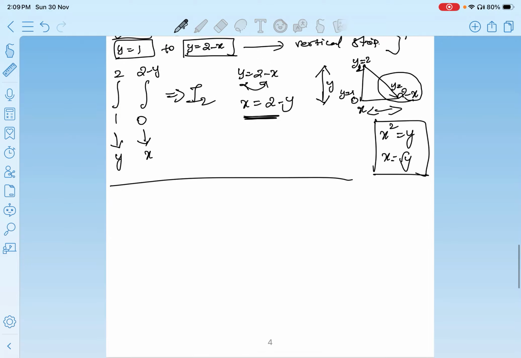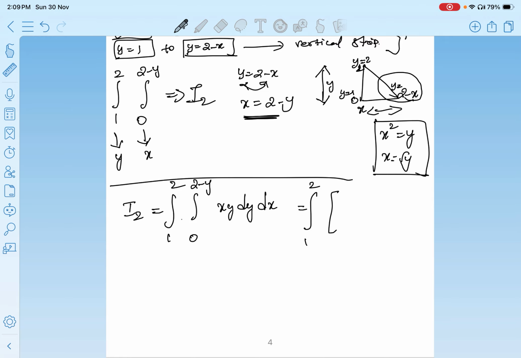Now let us see the integration. I2 equal to integral 1 to 2, integral 0 to 2 minus y, xy dx dy. First I'm going to take this inner one, which is in x, so we integrate with respect to x, keeping y constant.